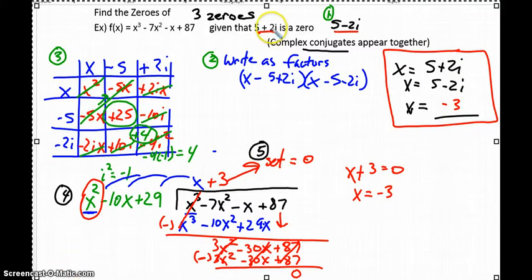Don't forget though, if you see an imaginary number, that it would come in pairs. Also, if you're told, for example, that one of the zeros of your polynomial is 1 plus the square root of 7, that's an irrational number, then you also know that 1 minus the square root of 7 has to be a 0. So imaginary numbers come in pairs, but so do irrational numbers.